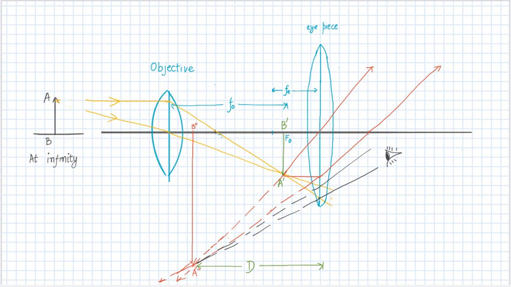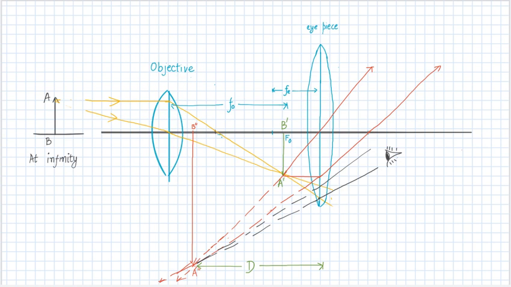So let us suppose this is your object. This object subtends some angle, which we denote as alpha. I'll use the yellow pen for the objective lens.